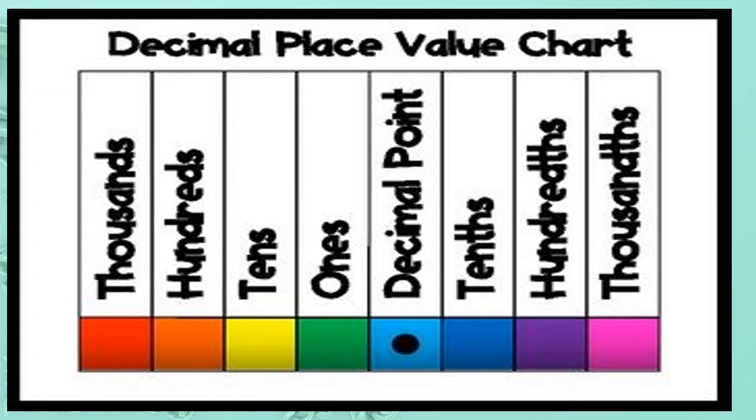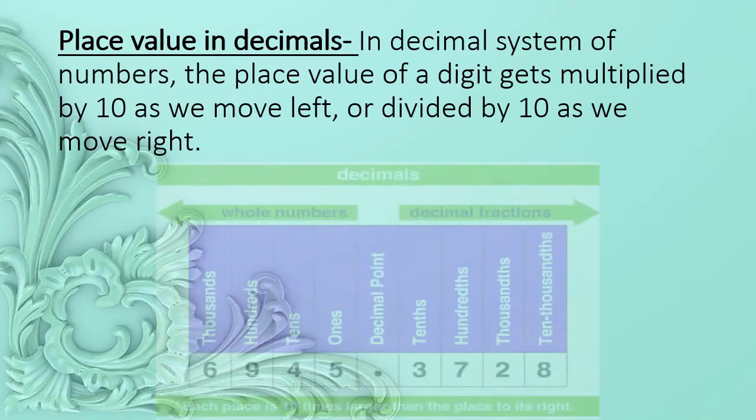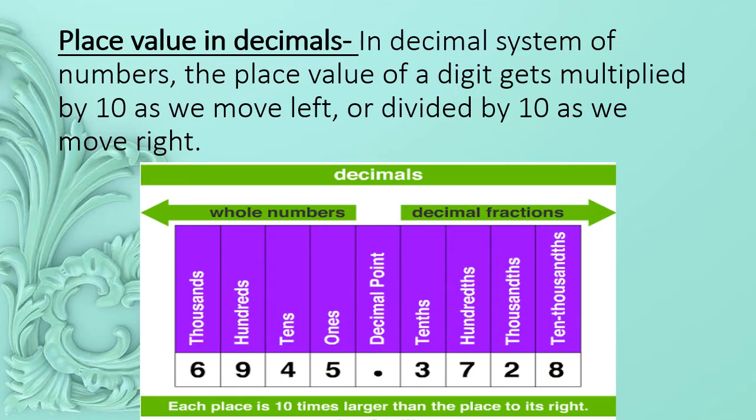So we will take an example. Students, we have 6945.3728. This is our number. Now how are we going to read this? First of all, we should know that in the decimal system of numbers, the place value of digits gets multiplied by 10 as we move left, or divided by 10 as we move to the right.